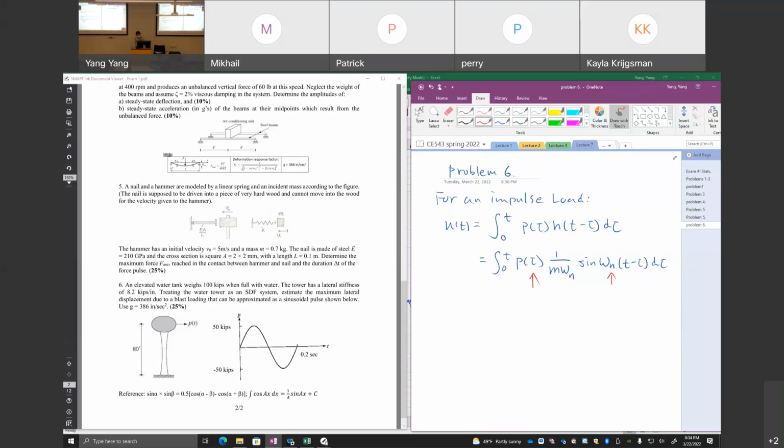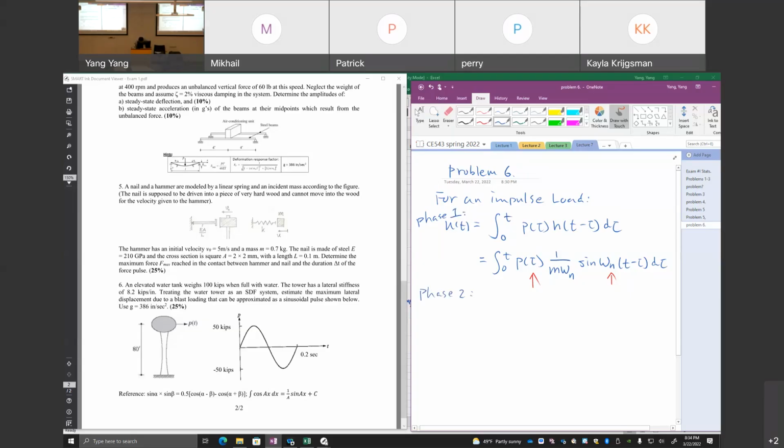Also, for the impulse load, there are two phases. Phase one is the forced vibration. In phase two, when the impulse is removed, the system will do a free vibration.